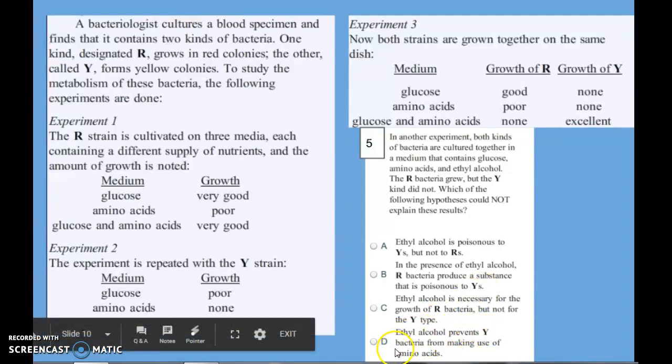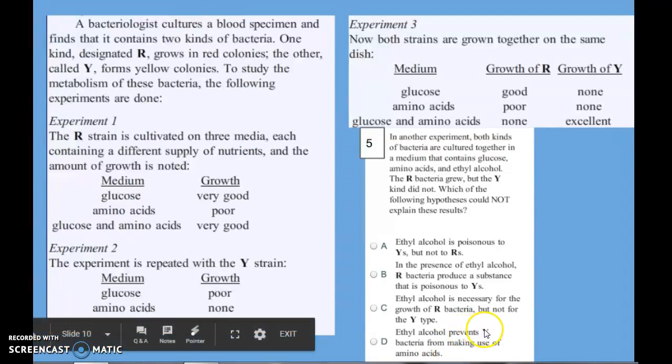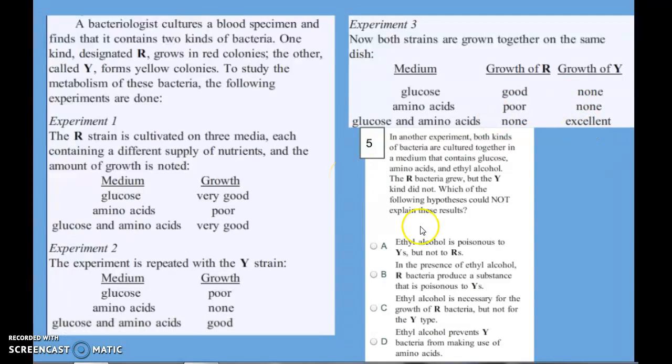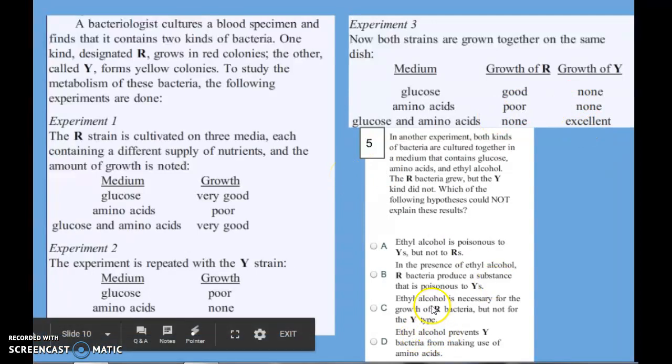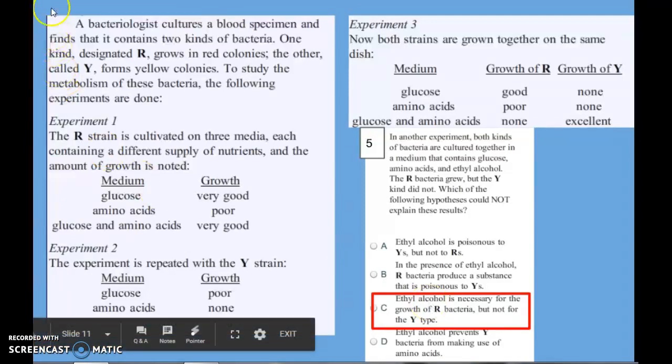D, ethyl alcohol prevents Y bacteria from making use of amino acids. Well, that would make sense because amino acids tend to be a major thing that's needed for Y to grow. And so that one also makes sense. However, C does not. C is our answer, and that will conclude this lesson. Good luck.